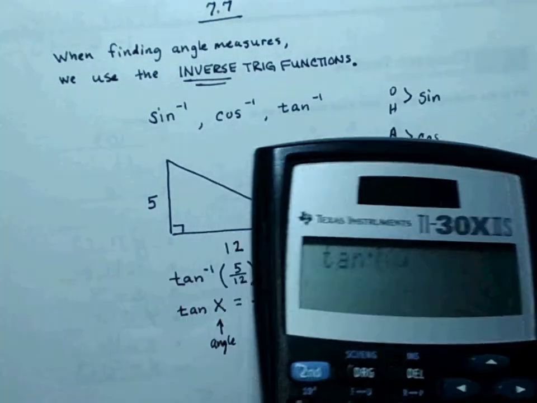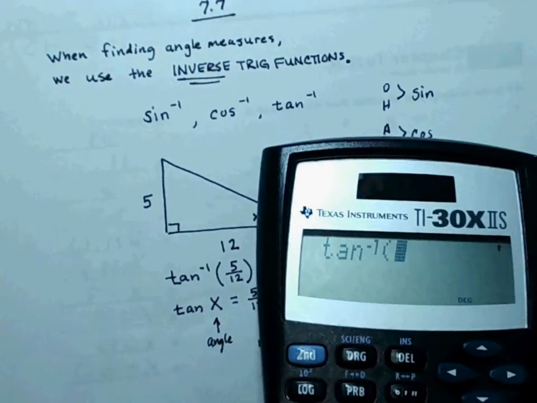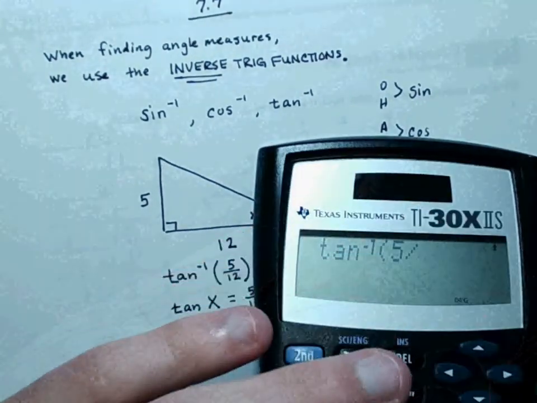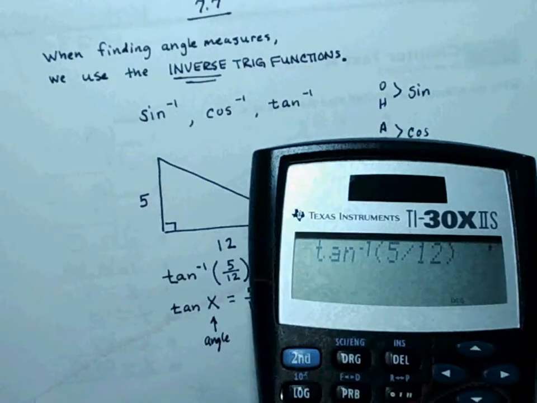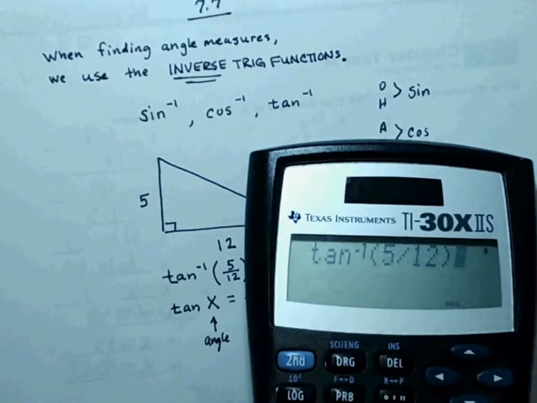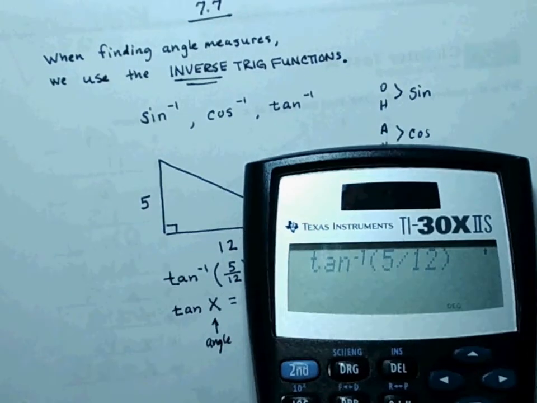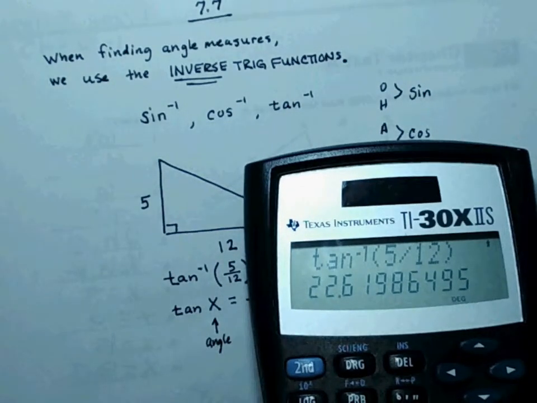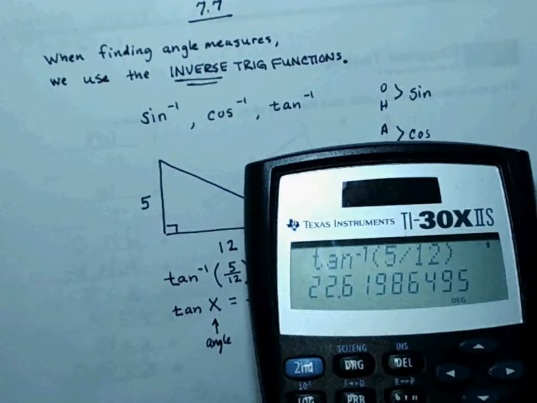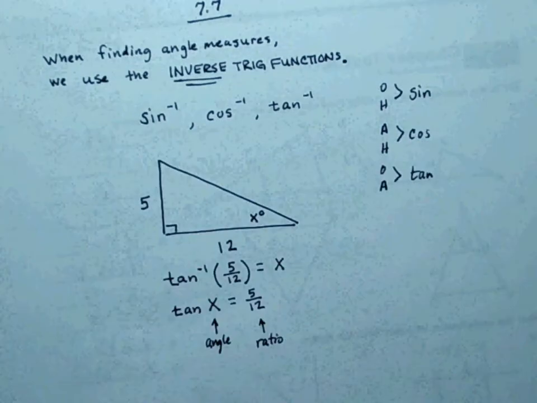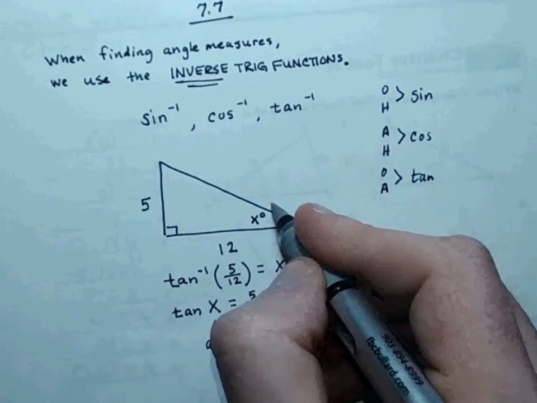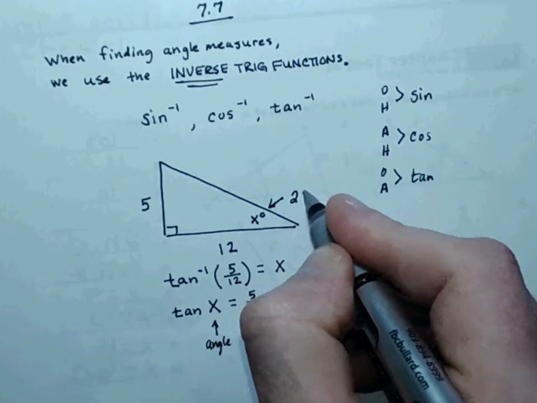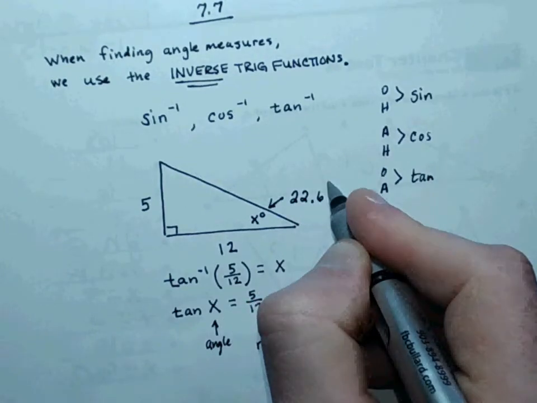So we have inverse tangent of 5 divided by 12. Then I press enter, and I see that the measure of my angle is 22.6 degrees. So x equals 22.6 degrees.